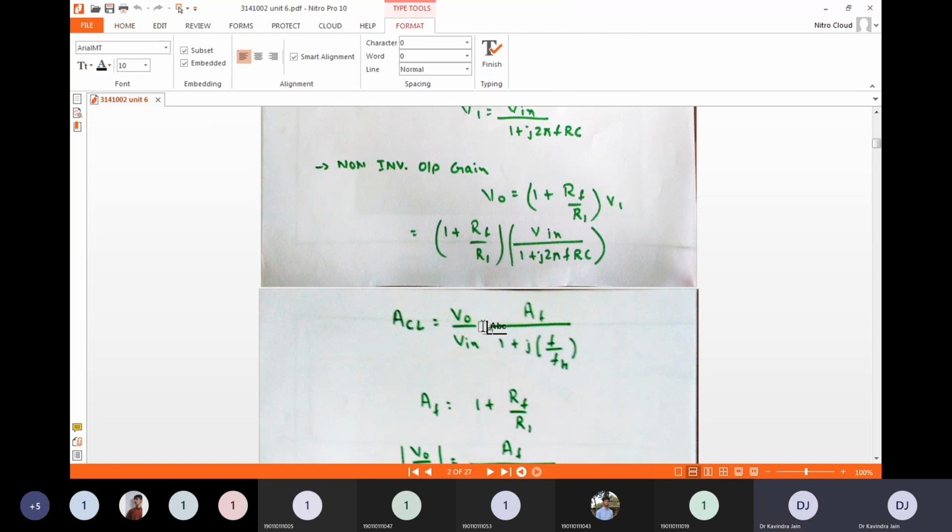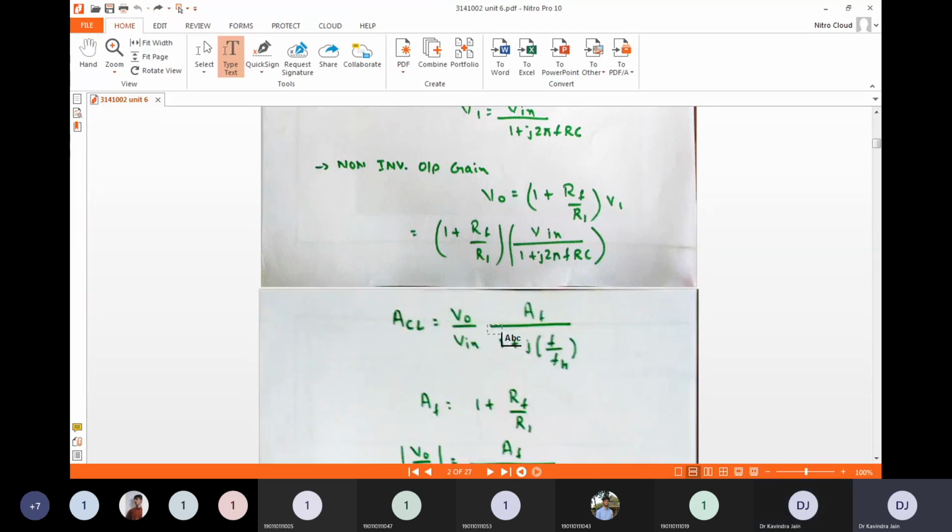This is an equal to sign, that is equal to AF divided by 1 plus J F upon FH. I hope now it is visible. So now moving further, AF is equal to 1 plus RF upon R1. That is feedback gain is equal to 1 plus RF upon R1 because it's a non-inverting circuit.